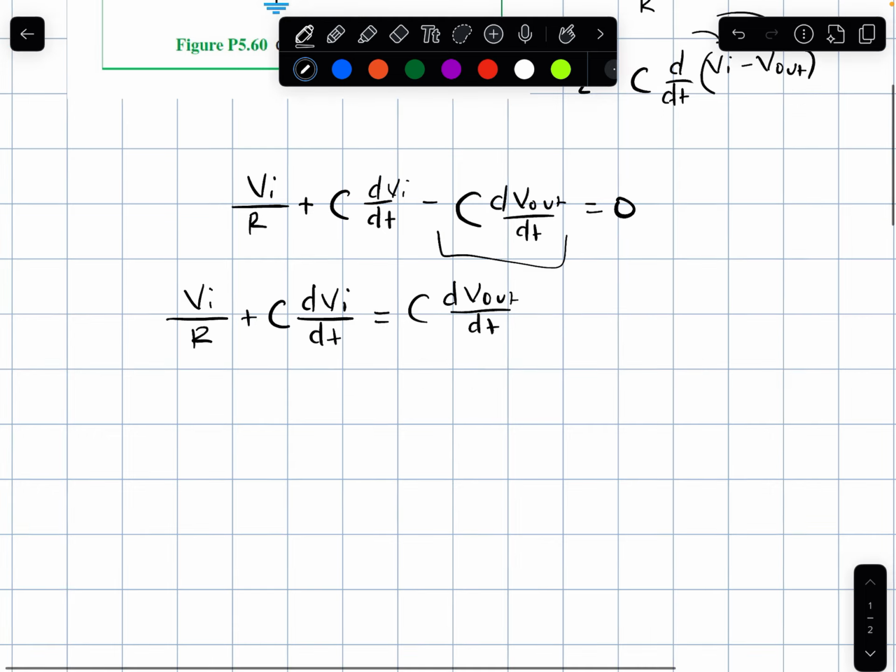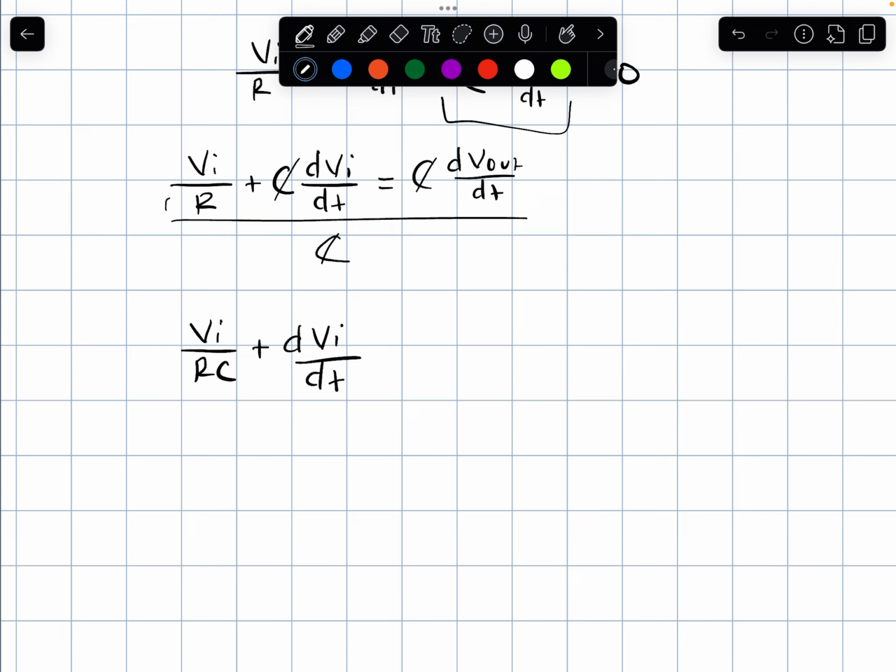Could divide both sides by C. Well, divide all of it by C. This cancels, and then we'd have C here. So then Vi over RC plus dVi dt equals dV out dt.